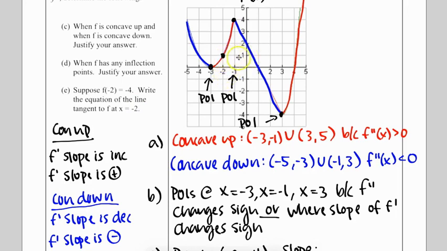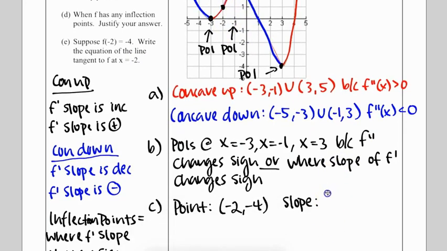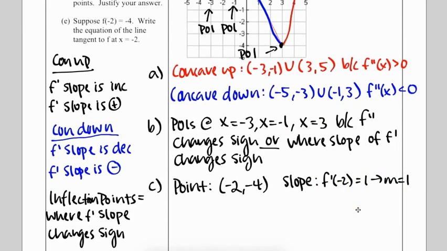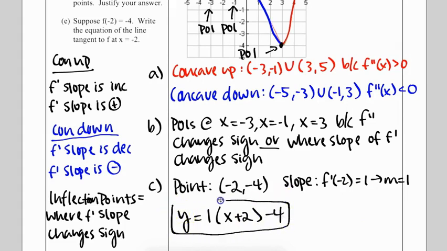So f prime of -2 is 1, so that means m is 1. And now we have everything we need. We got our point, we got our slope, let's write our equation. So we'll have y equals 1 times x plus 2 minus 4. And you don't need to simplify it, let's just leave it like this.